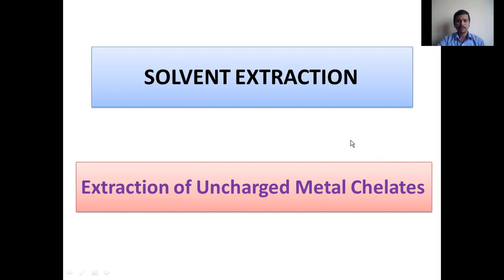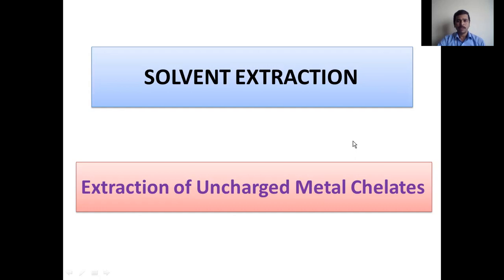Initially, the metal complexes will not be uncharged; they will be charged. If the metal complexes are charged, their extraction will be impossible. As I told in one of my previous modules, for any analytical system you want to extract into the organic phase, its aqueous solubility must be minimized.